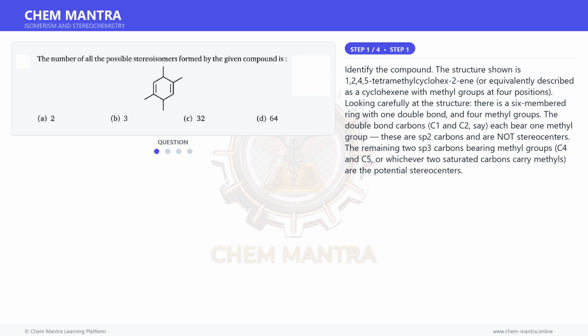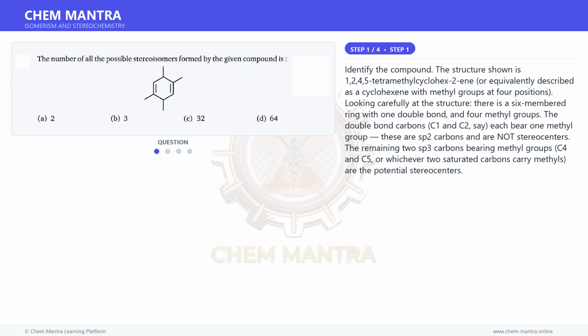Identify the compound. The structure shown is 1,2,4,5-tetramethylcyclohexene, or equivalently described as a cyclohexene with methyl groups at 4 positions. Looking carefully at the structure, there is a 6-membered ring with 1 double bond and 4 methyl groups.